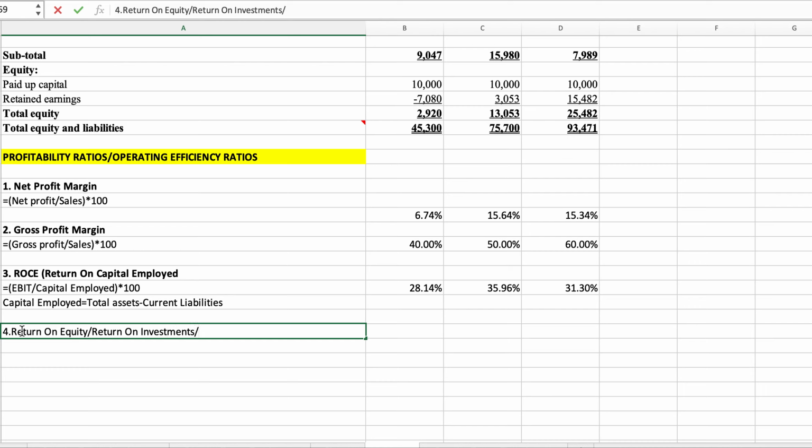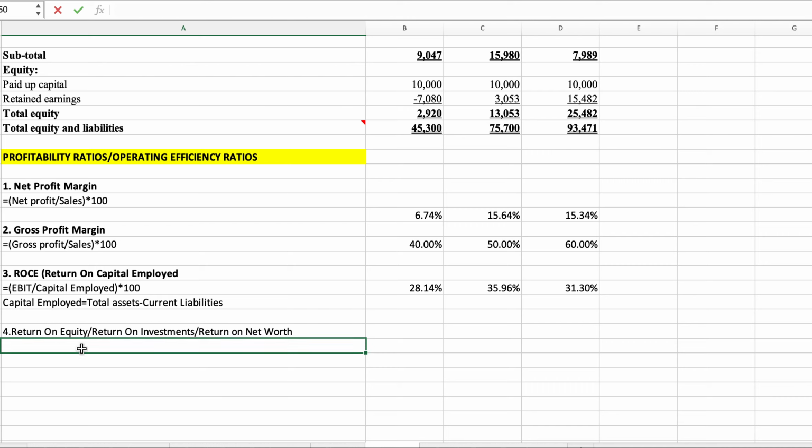And the examiner might also use another word, which is return on net worth. So it is ROI or ROE or RONW.